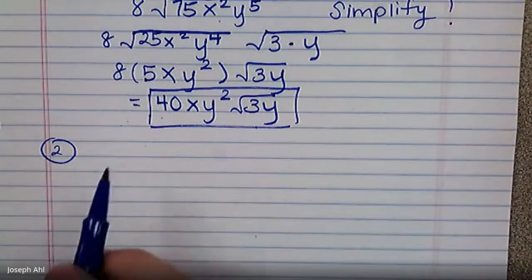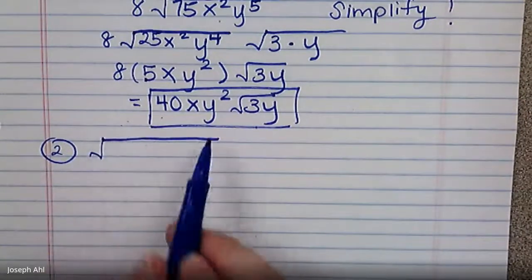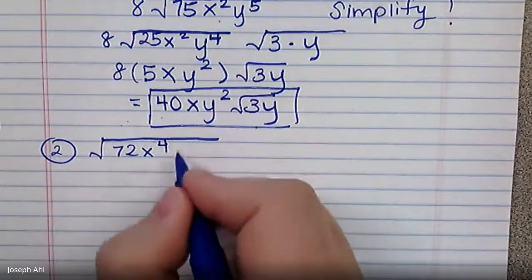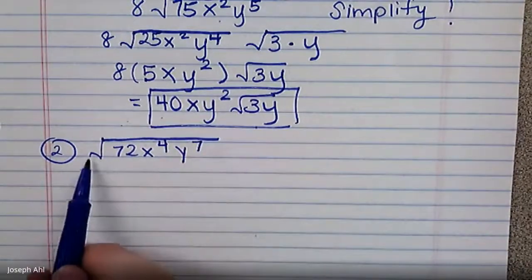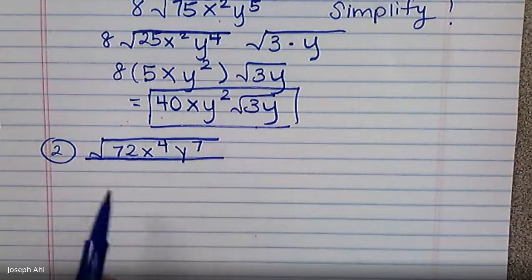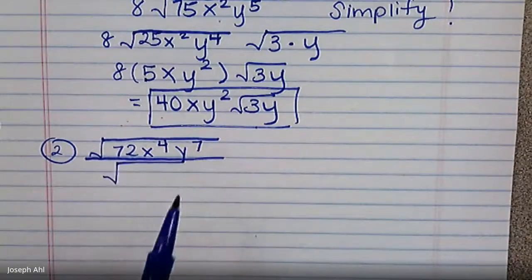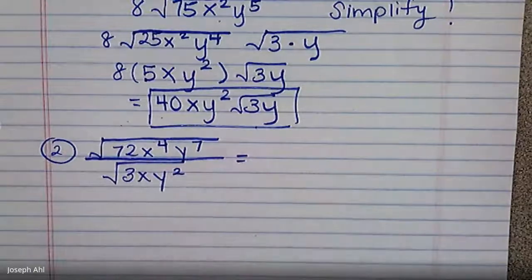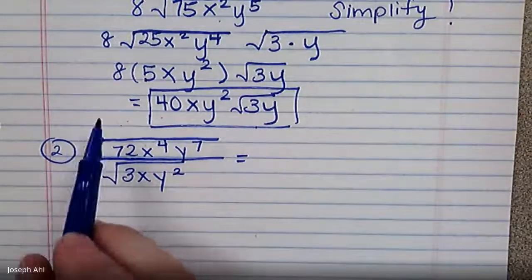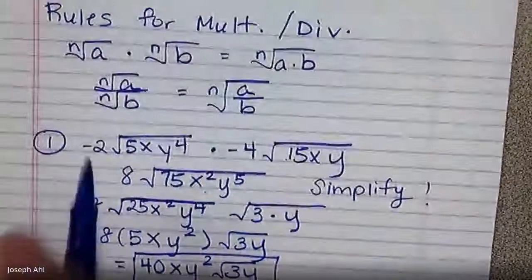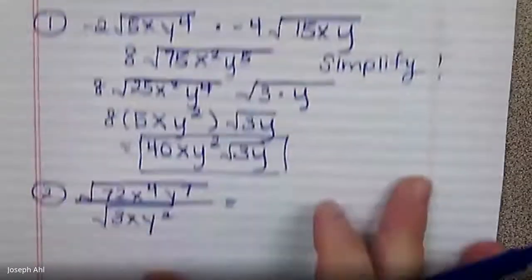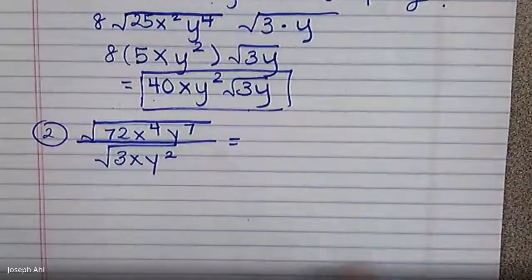All right, number 2, let's do one where we have to divide the square root of 72x to the 4th, y to the 7th, divided by the square root of 3xy squared. Because these are both square roots, we can use the rule up above that if you have the nth root of a over b, it's the nth root of the quotient of the top divided by the bottom.